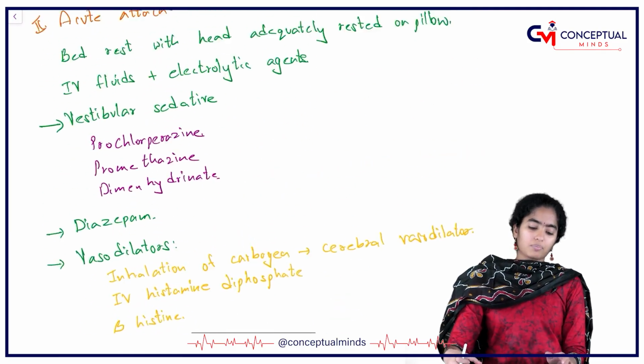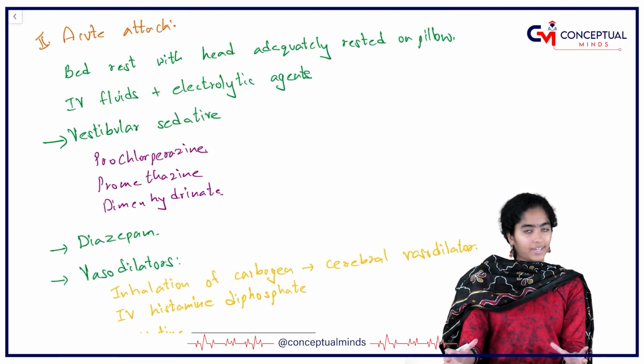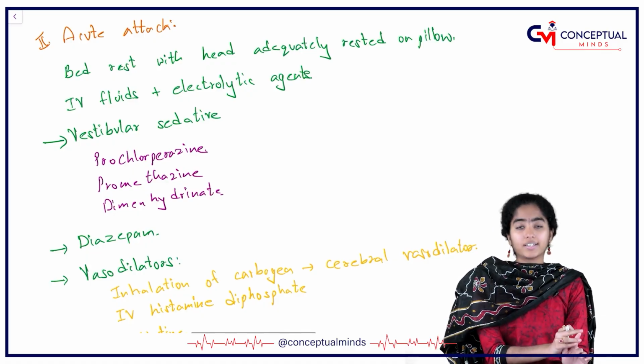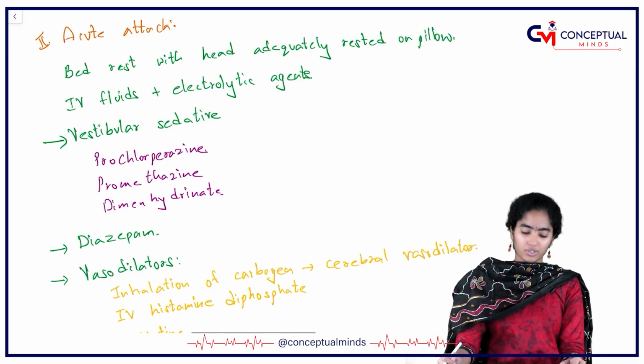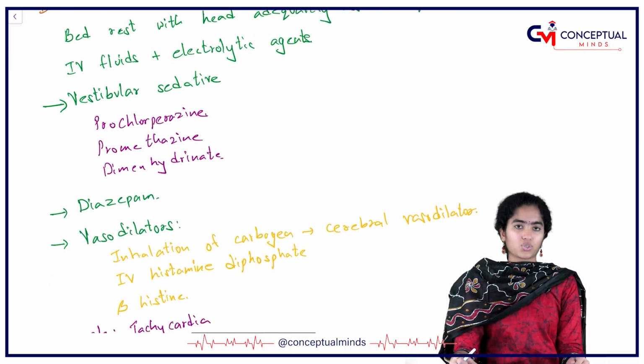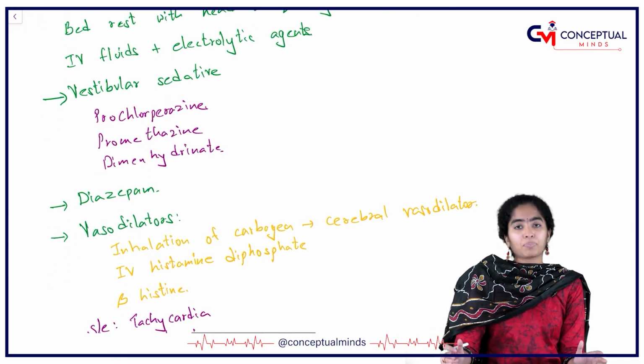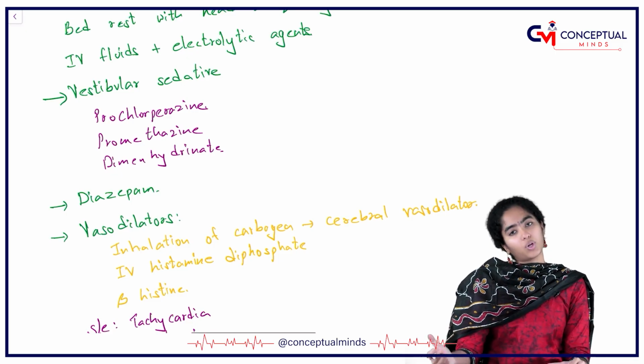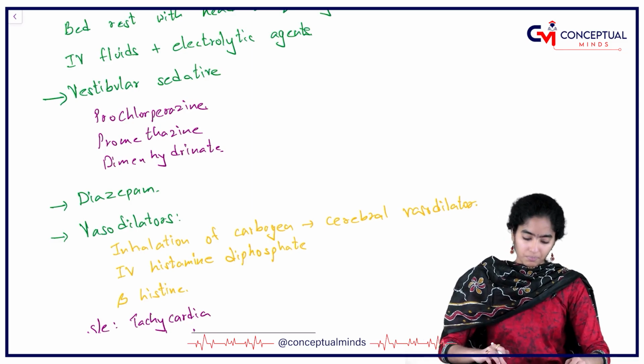So, when the patient comes to the hospital during an acute attack, first bed rest is important, and then vestibular sedatives will improve the condition of the patient, and diazepam can also be used along with vasodilators. Vasodilators will relieve the vasospasm, and that will automatically improve the symptoms.